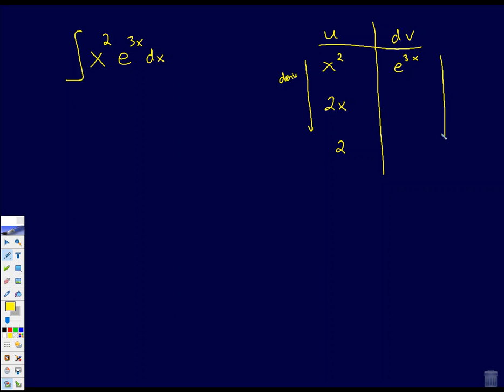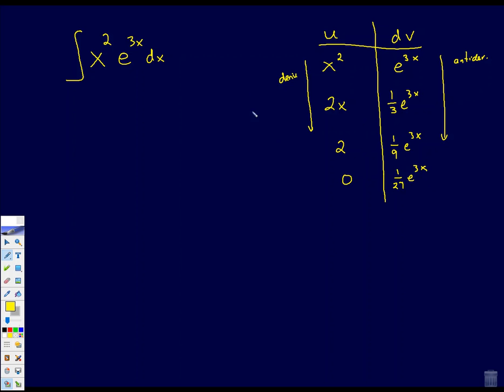As we work down the other column, we're going to be finding antiderivatives. Remember, the integral of e to the 3x is really 1/3 e to the 3x. And then the integral of that again is 1/9 e to the 3x. And we're actually going to integrate one more time and differentiate one more time. And it's 1/27. Notice we keep dividing by 3.